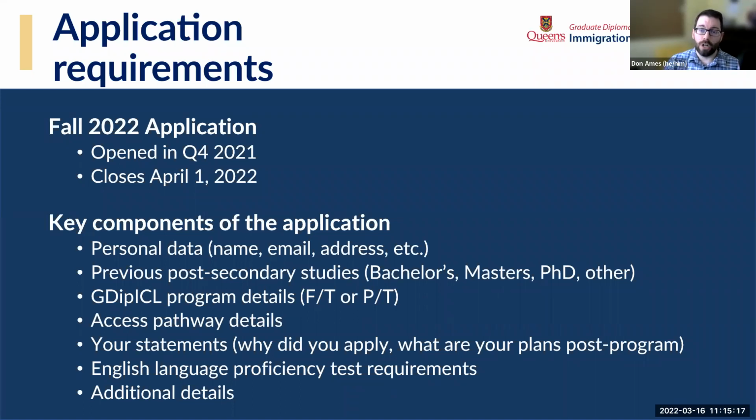The SGS office, School of Graduate Studies, manages the application process. They're in charge of making sure that all of the documents are received and submitted over to our program for assessment. So you're going to want to email them those PDF copies of your transcripts that you didn't provide with your application. And there's a way to check to see what's still outstanding on your application, and we'll cover that in a little bit.